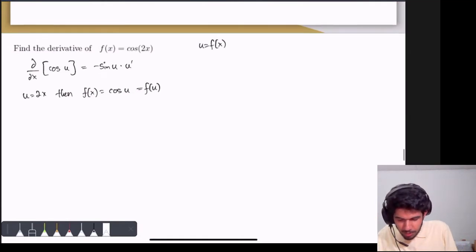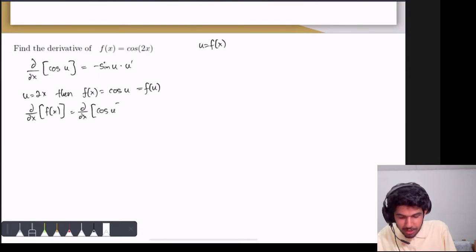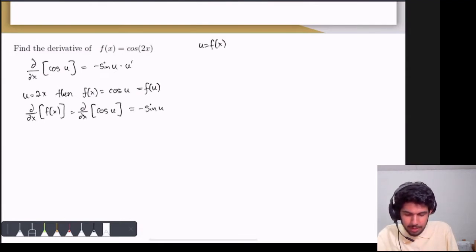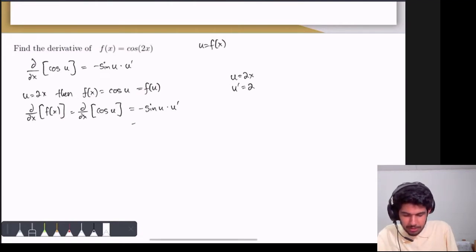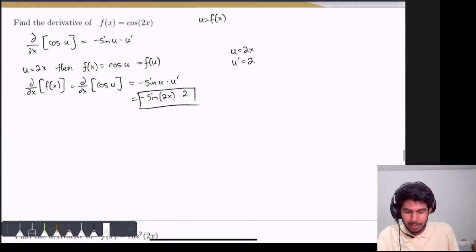And then the derivative of f of x equals the derivative of cosine of u, but we're taking the derivative with respect to x. And we know that this is equal to negative sine of u times u prime, and if u is 2x, then u prime equals 2. So then we just substitute negative sine of 2x times 2. And that's our answer. Simple as that.